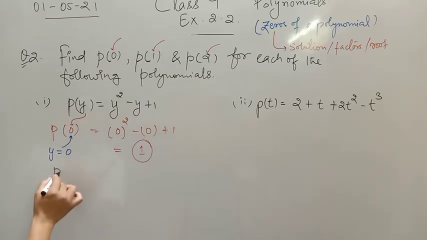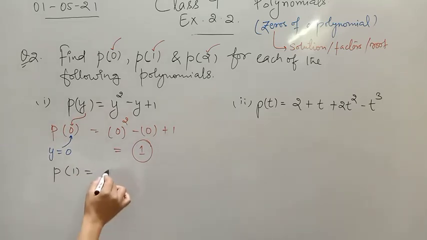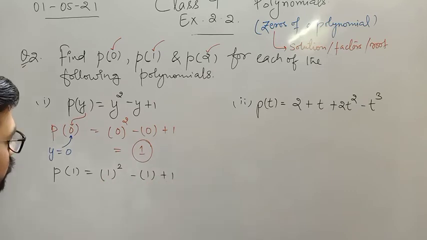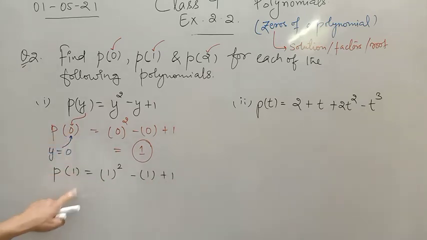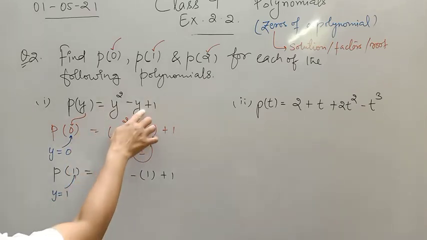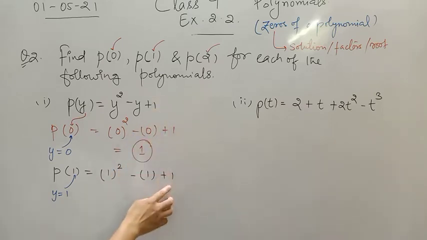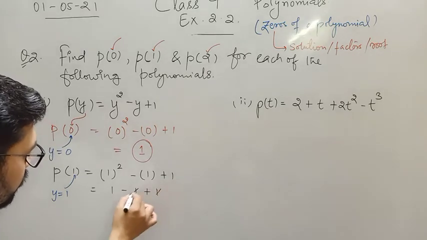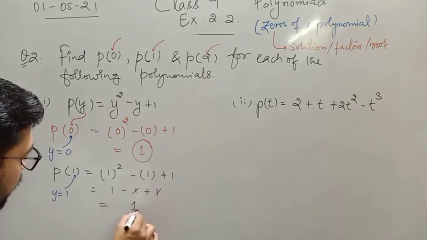What I need to do here is 1 square minus 1 plus 1. When I put y equals 1, 1 square is 1, 1 minus 1 plus 1. So the result is again 1.